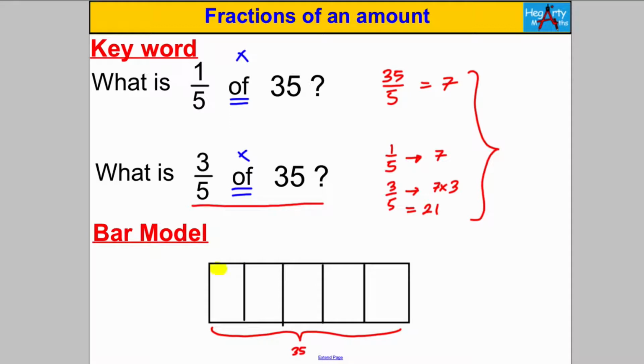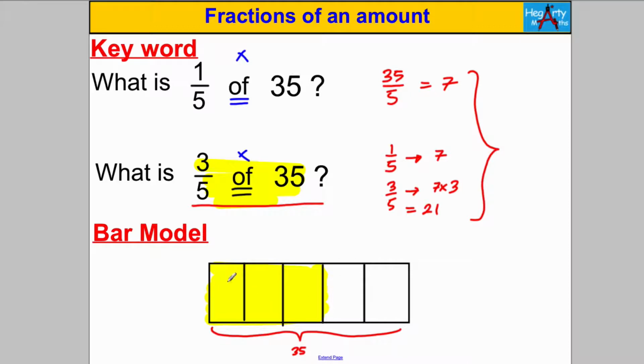So say I want to work out 3/5 of 35. I'm going to colour in how many of the fifths I want to work out. Do you agree that picture is equivalent to working out 3/5 of 35 if the whole bar is worth 35?